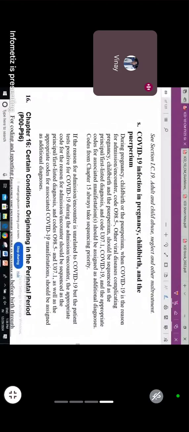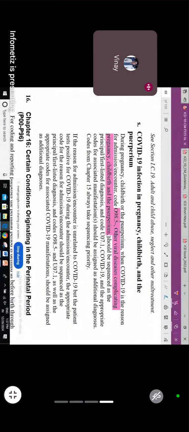And the last guideline for this chapter is COVID-19. If a lady is pregnant and suffering with COVID, O98.5. See, we do not have a proper code for COVID in pregnancy. That is why we are coding other specified viral disease.